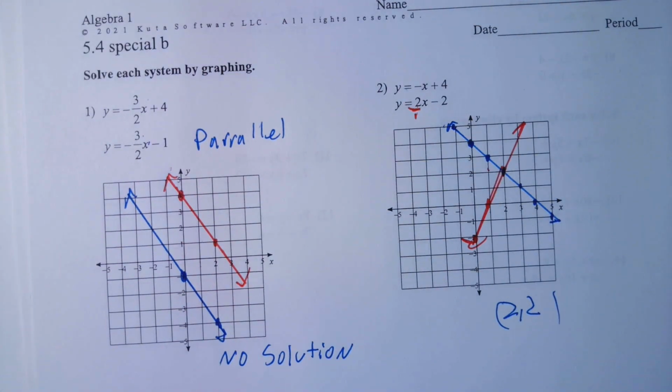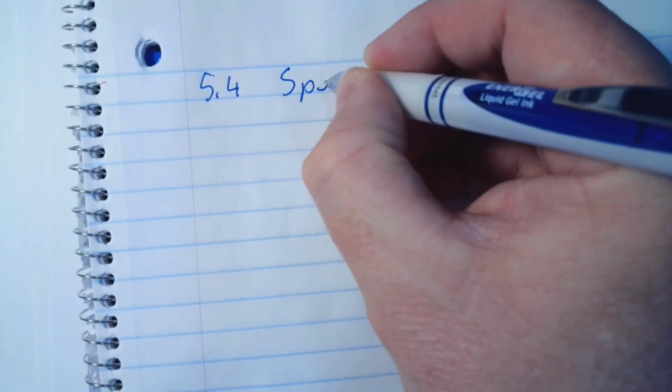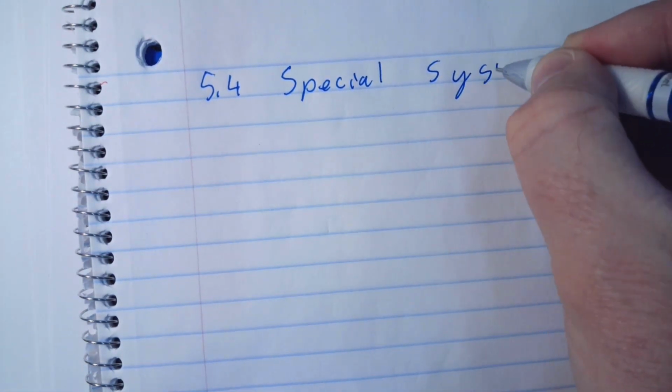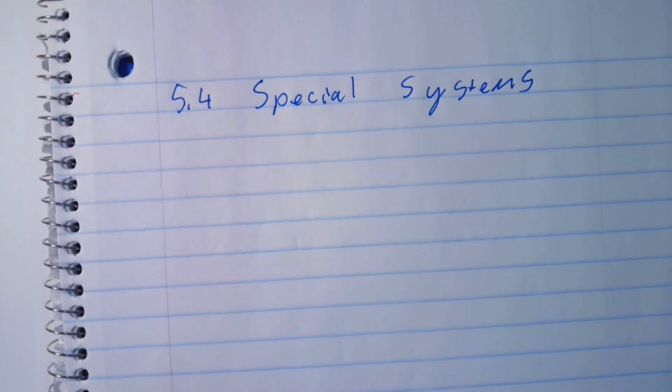So that brings us to what we're doing today, and it is 5.4. Special systems. These are special because they don't necessarily do what the other ones do.